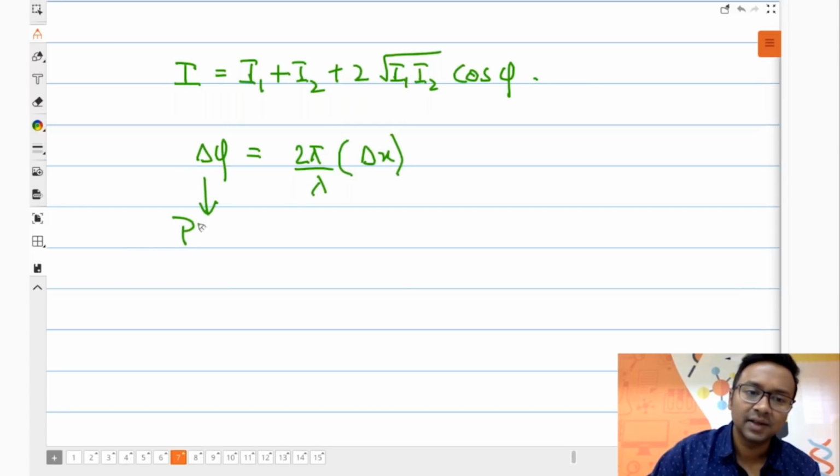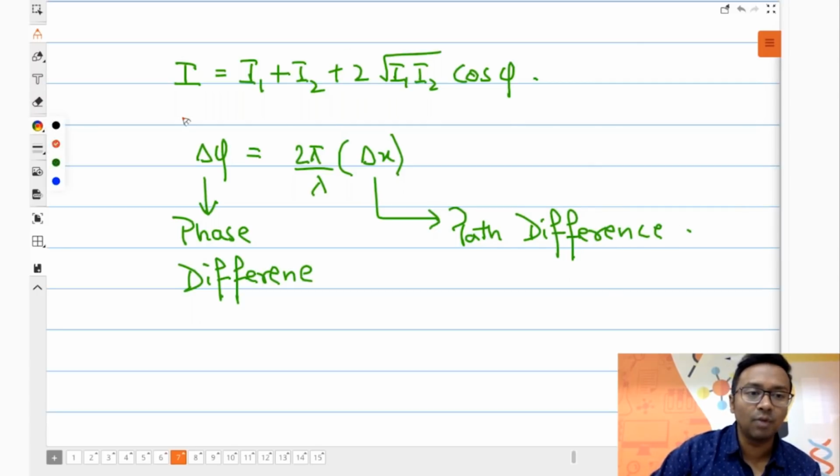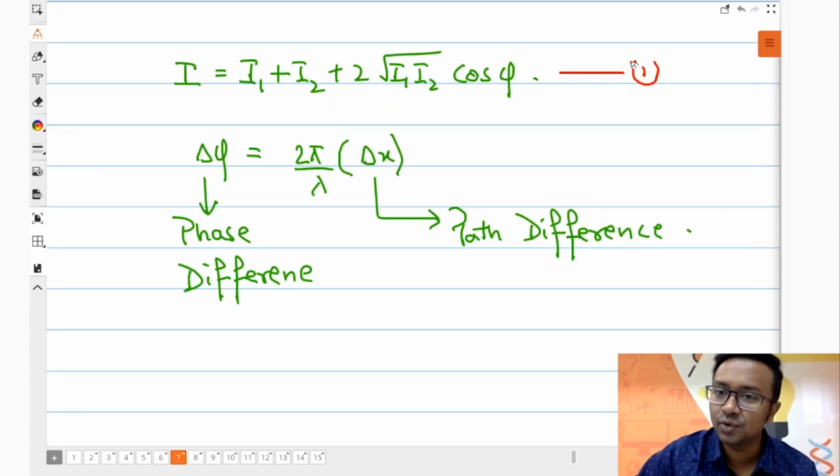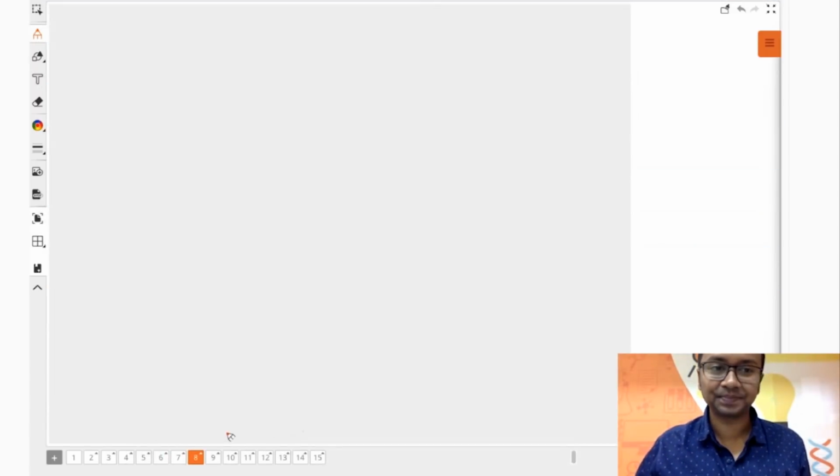This is the phase difference, and this is the path difference. All right, students. So just these two formulas are important so far. Clear? Now, what else do we have besides these two formulas? Let's have a look.